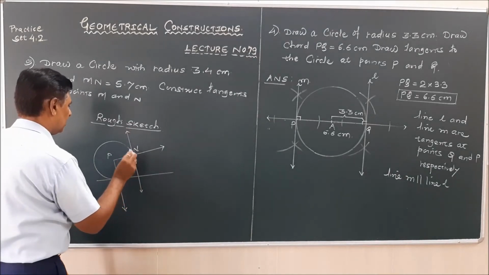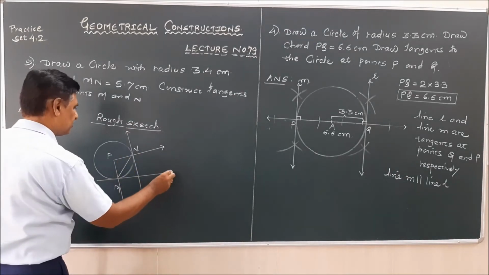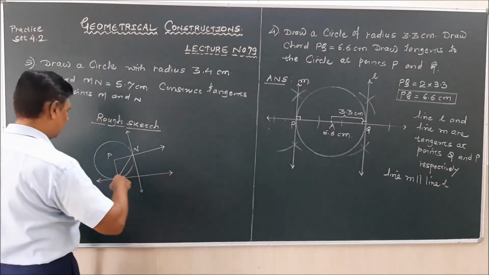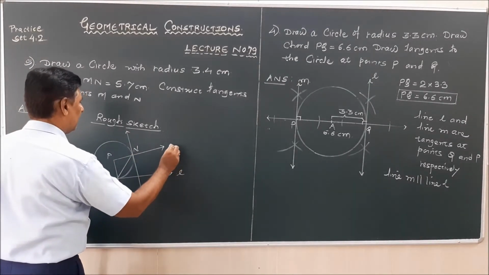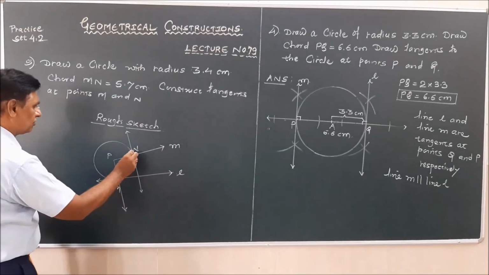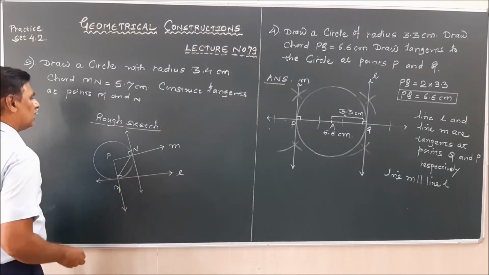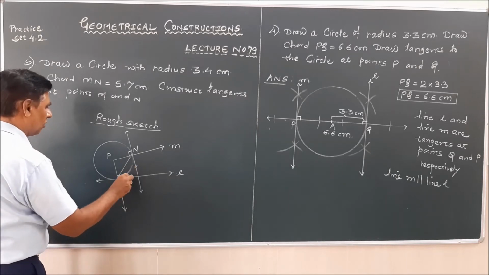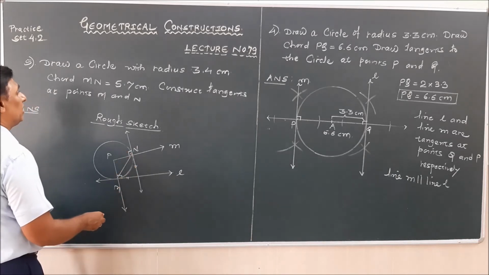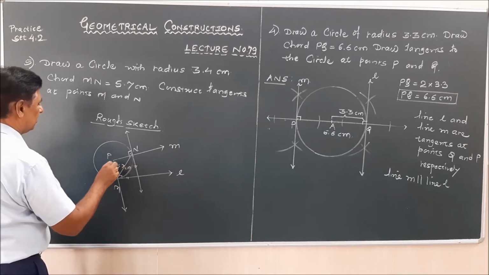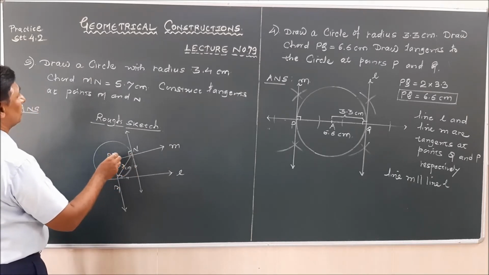Finished. Then you may call them M and N. This is 90, this is 90, these two are congruent. This MN is of 5.7. This is the radius, radius is 3.4.